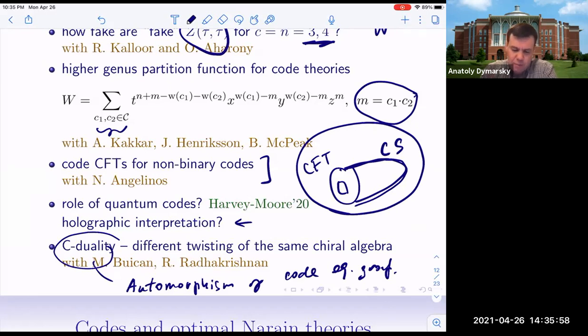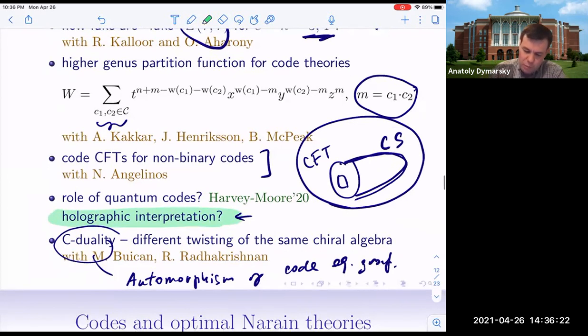And also it seems to me that it doesn't answer my initial question. It might show that there is some relation between the finite dimensional space of conformal blocks and quantum codes, but I still feel like the main question remains open. What is the holographic interpretation of these quantum codes? So I will just leave this question as open, maybe just mention that there is some work in progress.